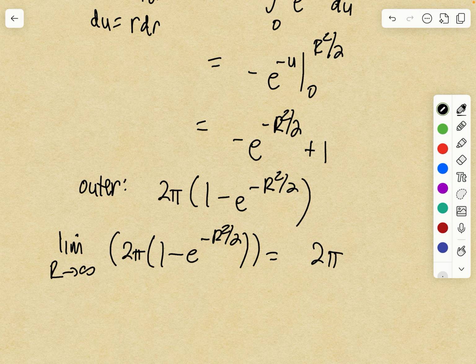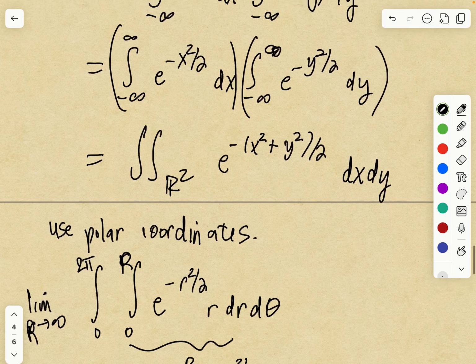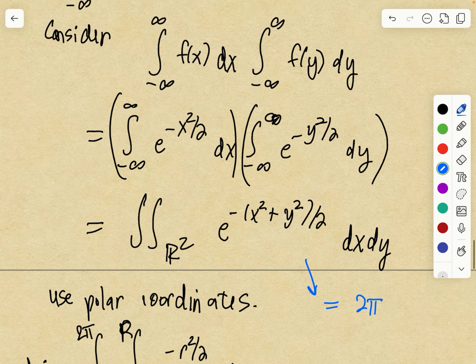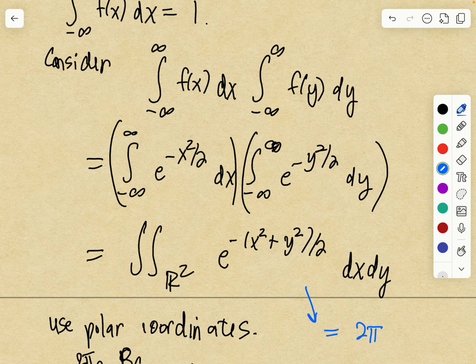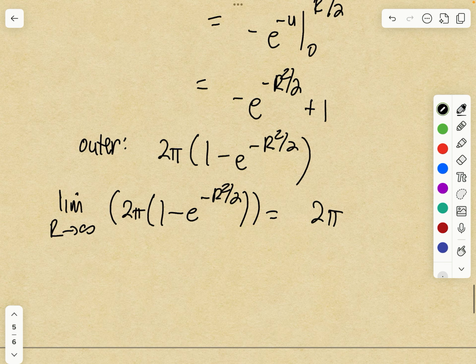It's 2 pi times 1 minus 0. So what we found is that this double integral is equal to 2 pi. So this times this is equal to 2 pi. Well, these two have the same value. So therefore, the integral is the square root of 2 pi.